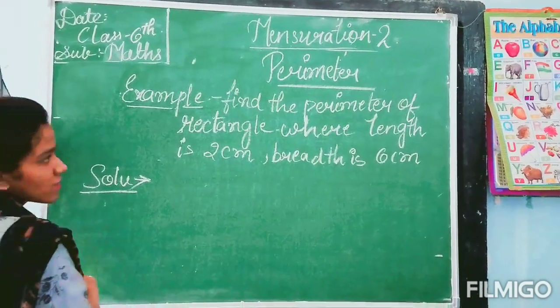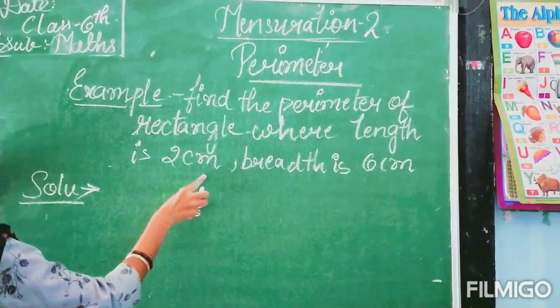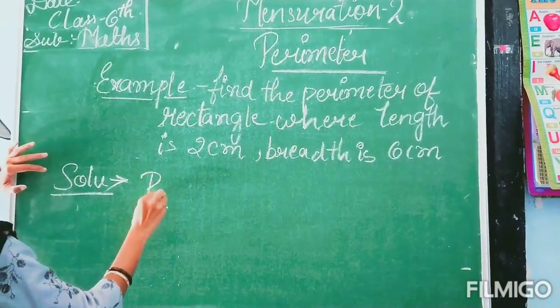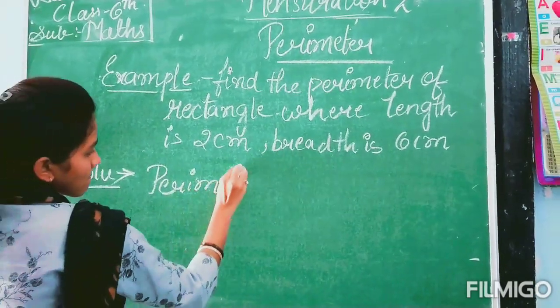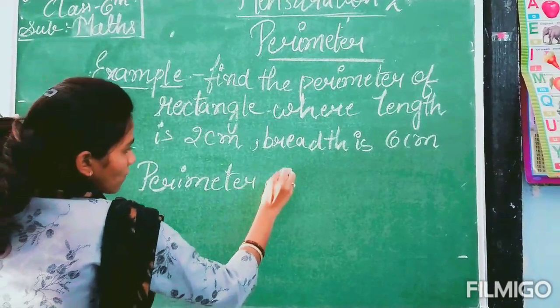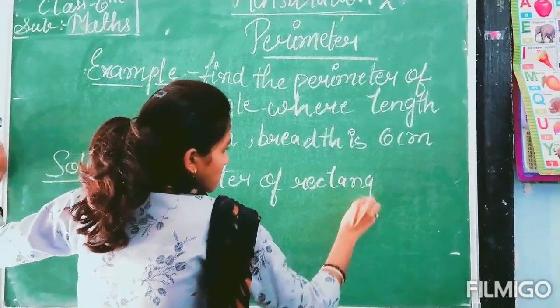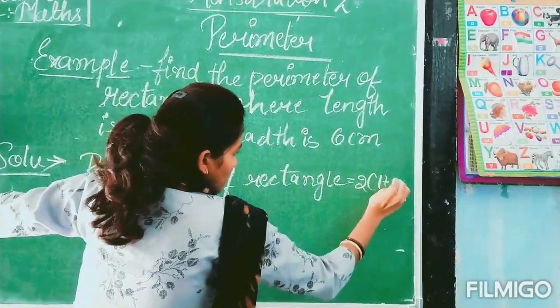Now take another example of perimeter of rectangle, where length is 2 centimeter and breadth is 6 centimeter. Find the perimeter of rectangle. Formula: 2 into (L plus B).